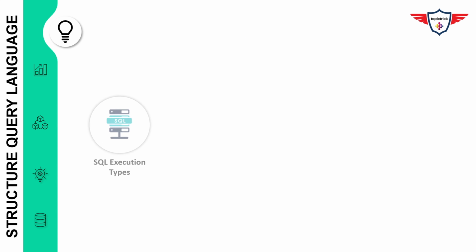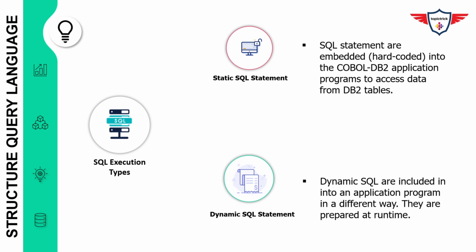Now let's look at the second category of SQL based on execution types. Based on execution type, SQL statements are further subdivided into two categories. First one is static SQL statement and second one is dynamic SQL statement. In static SQL statements, SQL statements are embedded or hard-coded into the host language program.